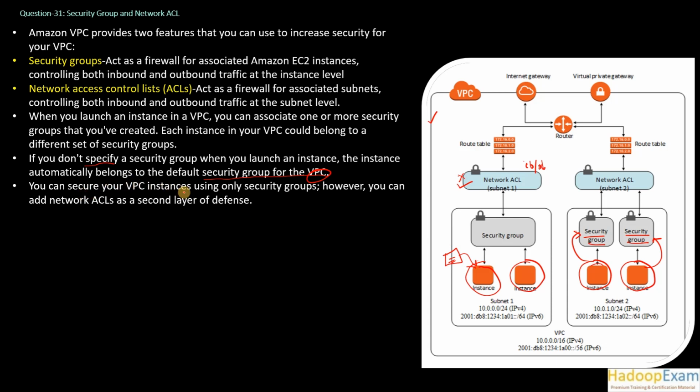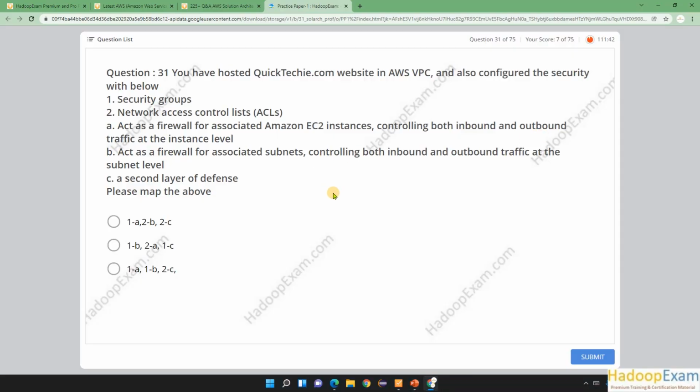So you can secure your VPC instances using only security groups. However, you can use network ACLs as a second layer of defense, which controls both inbound and outbound traffic. That is what this question is asking. So option 1A: security groups act as a firewall for associated Amazon EC2 instances, controlling both inbound and outbound traffic at the instance level, correct?